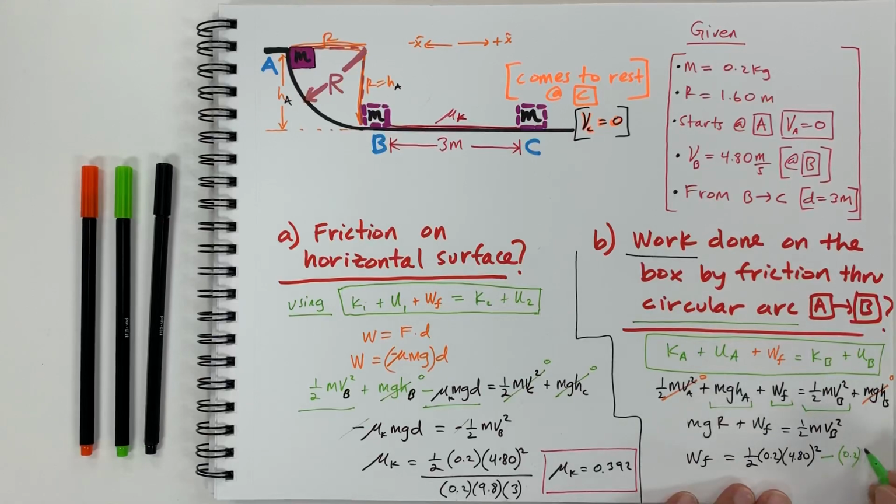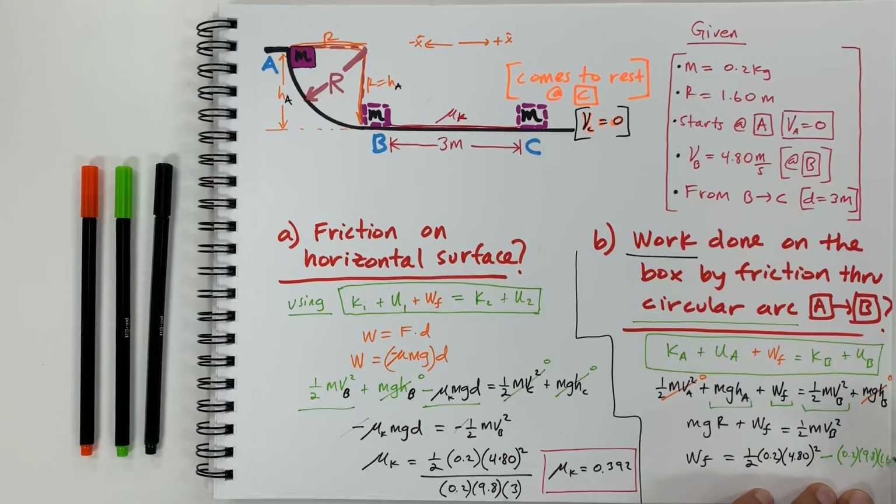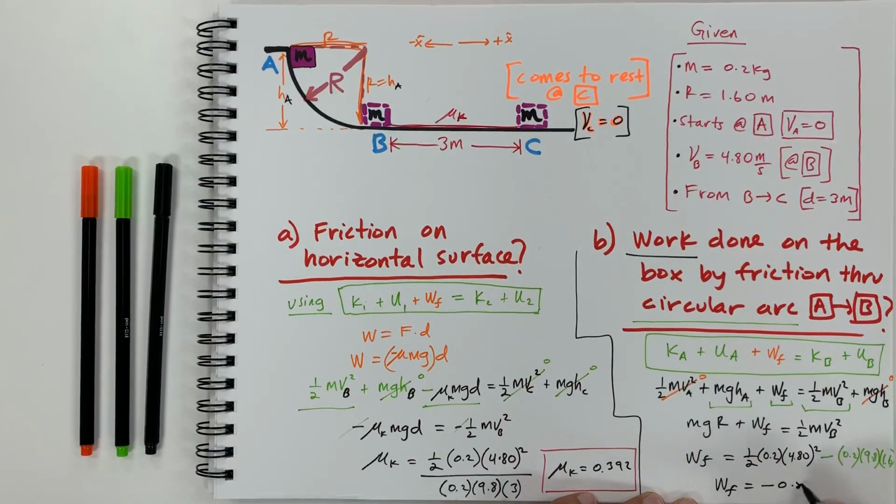We have g, which is 9.8. And we have R, which I'm going to write here, is 1.6. Okay, so that's a 1.6 in there for our radius. And that's it. So now let's put all this in the calculator. And we're going to see that our work due to friction, done by friction on the box, is going to be negative 0.83.